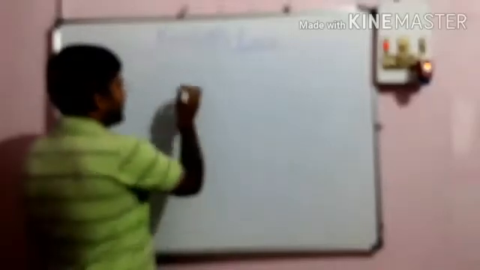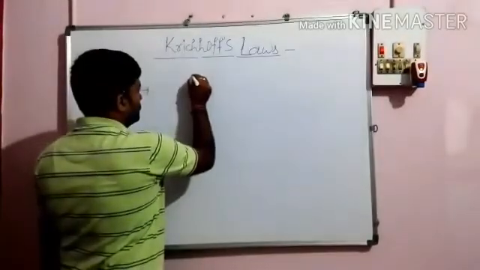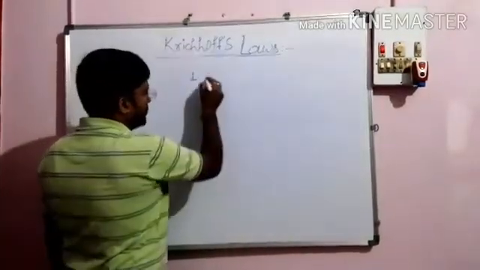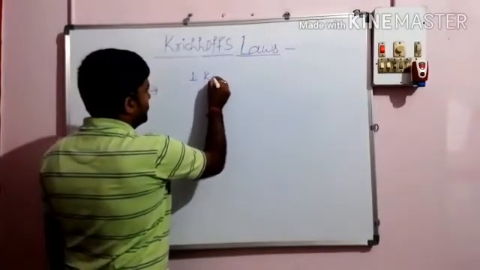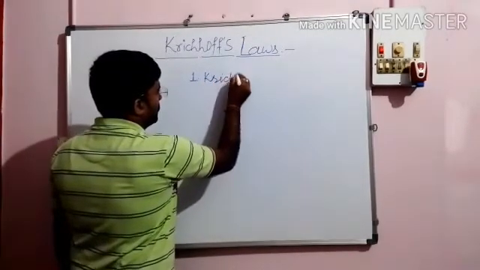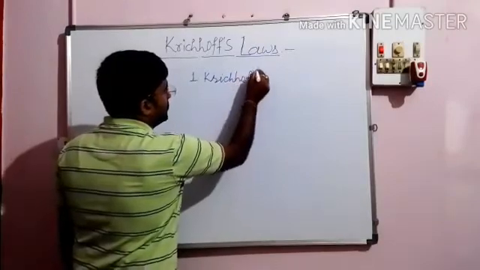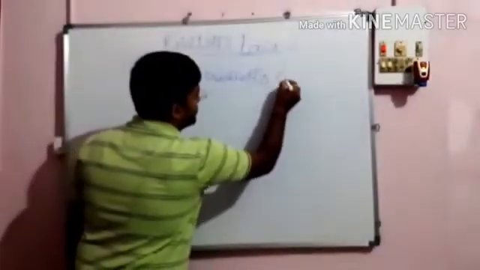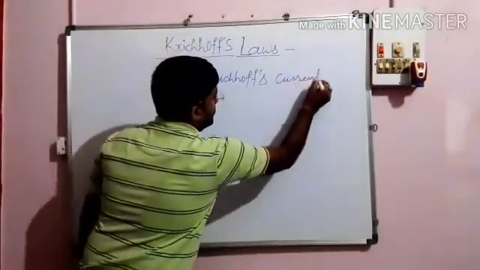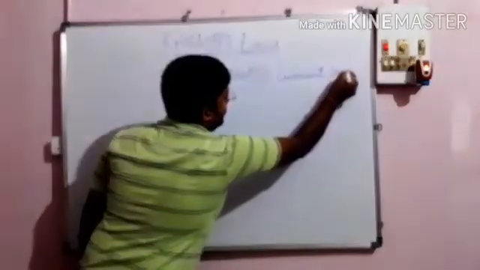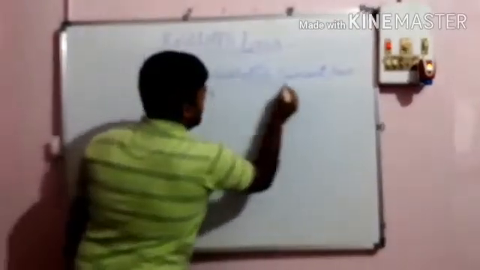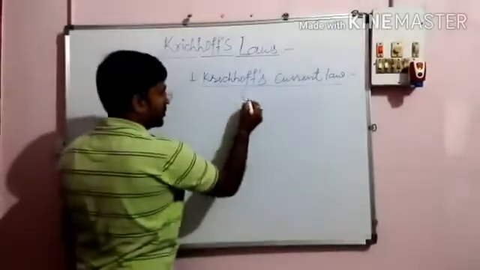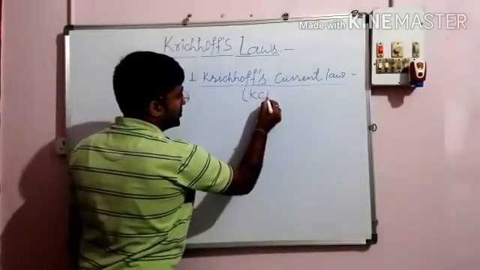Two types. First one is Kirchoff's current law, shortly known as KCL.